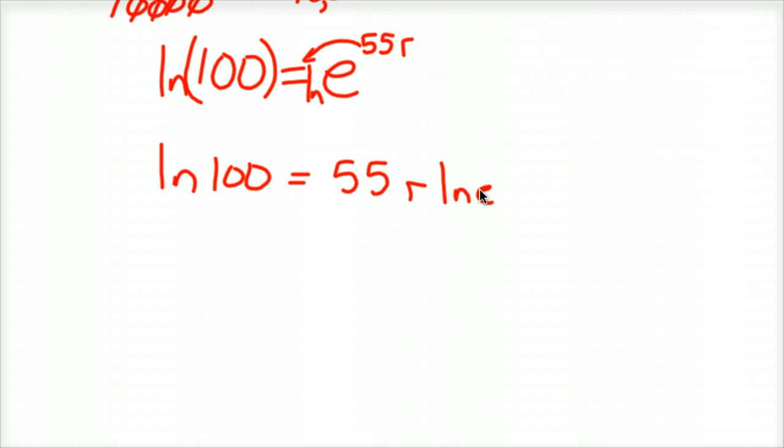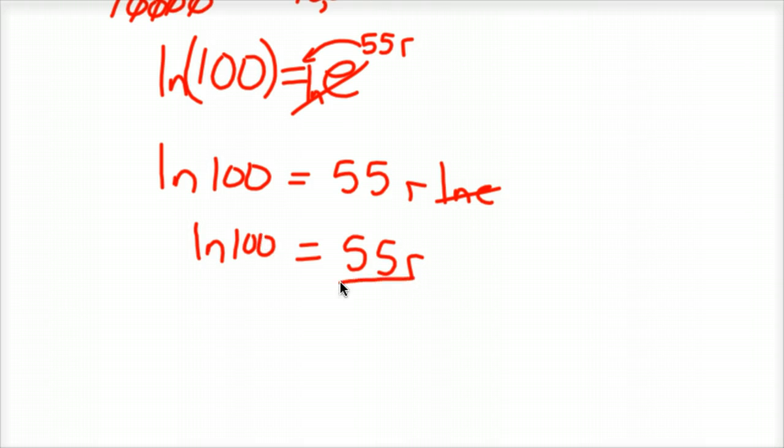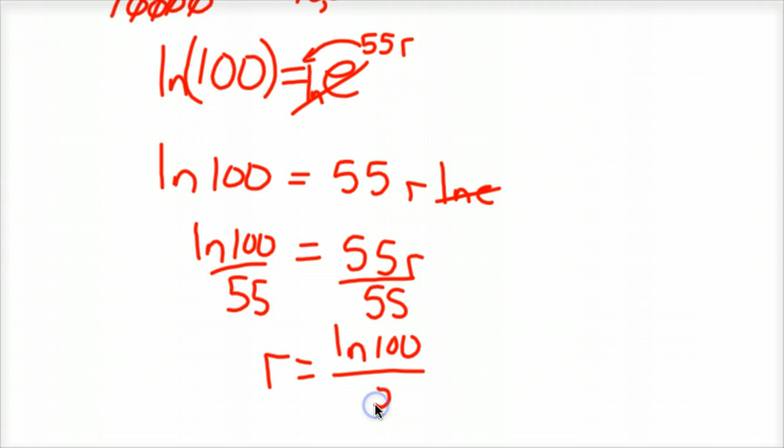Natural log and e cancel out, so you have 55 times your rate of growth equal to the natural log of 100. So now you can get your calculator out, find out what natural log of 100 is, and divide that by 55, because we're solving for R. So your rate of growth is natural log 100 divided by 55.